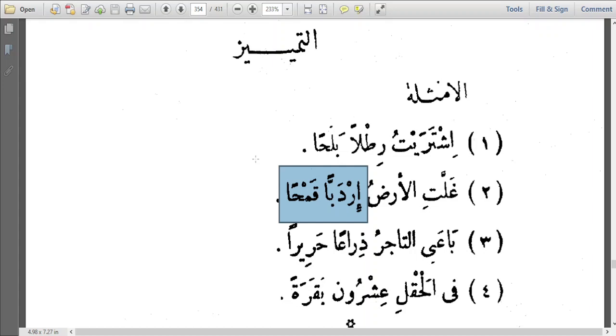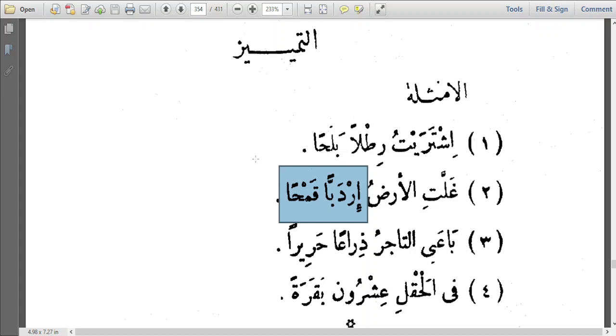So the land produced 150 kilograms of wheat. Or let's say the sentence was just gallat al-ardu irdabban. Nothing will be understood. The earth produced 150 kilograms of what? We can't understand what the earth really produced. So when he adds the word qamhan, everything is differentiated.